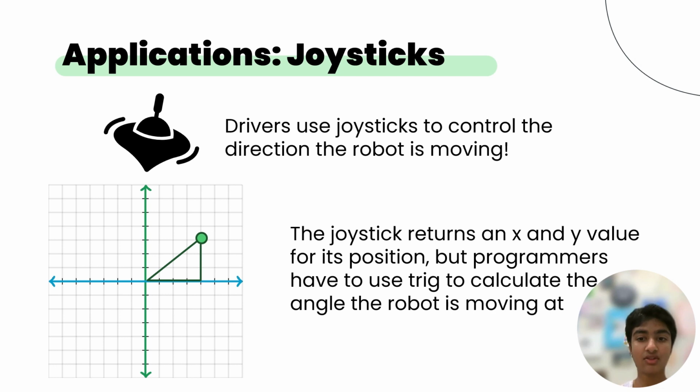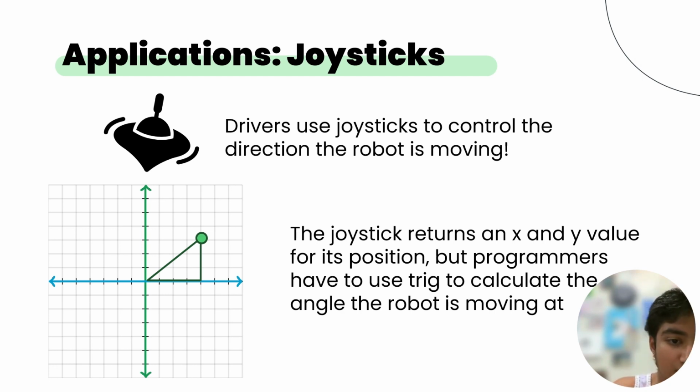Okay, now let's look at some applications of the things that we have just learned. So basically, in robotics, drivers use joysticks to control where the robot is moving, the direction in which it's moving, and all. So the joystick returns an x and a y value for its position, but programmers have to use trigonometry to calculate the angle at which the robot is moving.